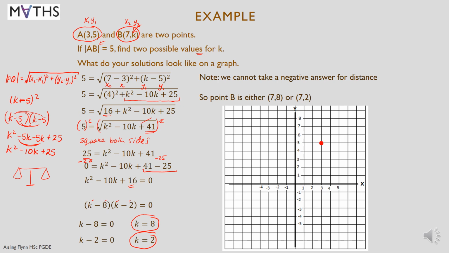Firstly, that's 3, 5, that's point A. And the two possible B's are 7, 8 up here, and 7, 2 down here. And the distances between those should both be 5, 5 and 5.